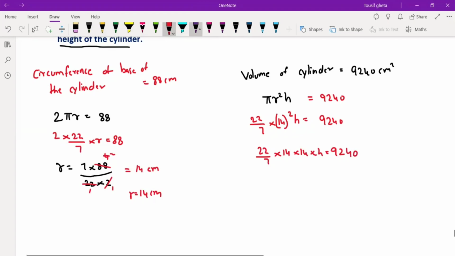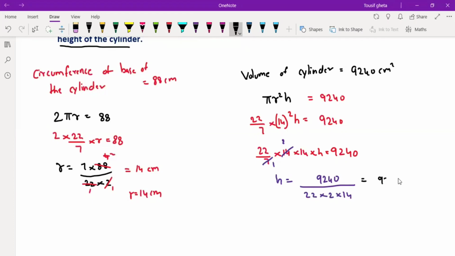Let us do a bit of cancellation. That is 7 ones and 7 twos. There are no further possibilities of cancellation, so cross multiply. So height is equal to 9240 divided by 22 into 2 into 14.